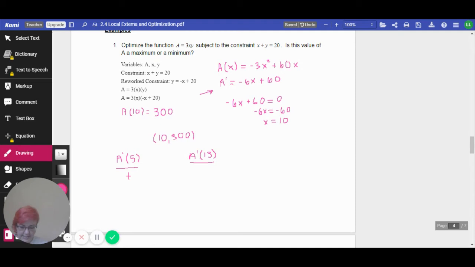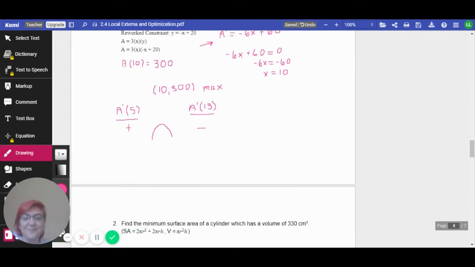And then negative 6 times 13 plus 60, that is negative. So here we're decreasing. So it's a change from increasing to decreasing. This is a maximum. All right, one more example problem. Then I think you've got this.